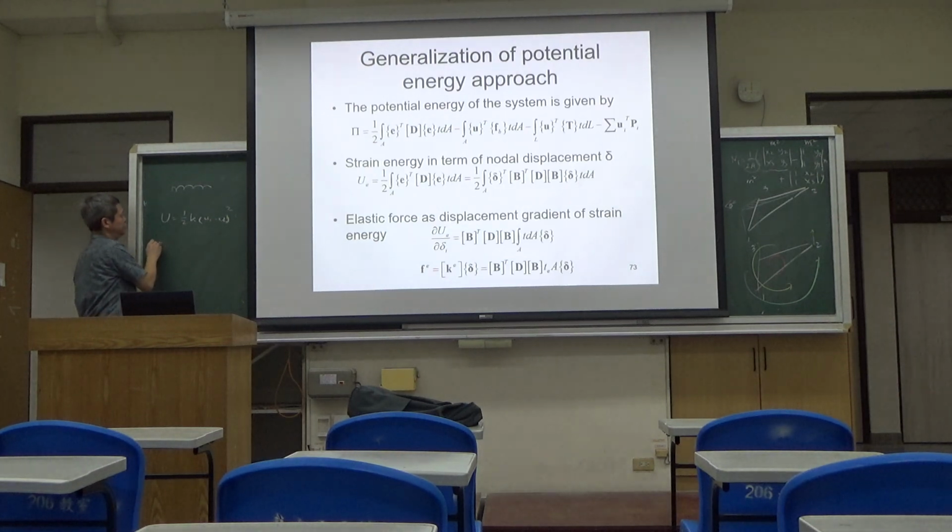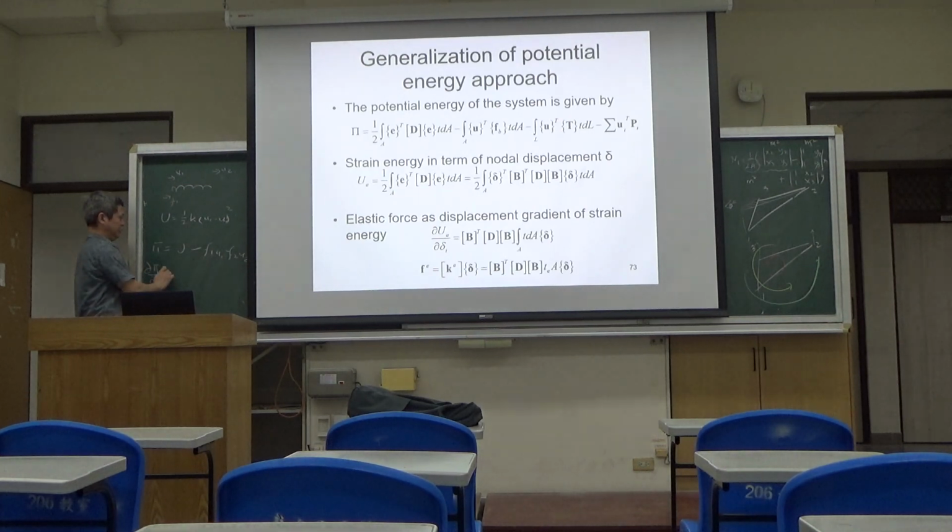And then your potential energy is the strain energy minus F1 u1 minus F2 u2.